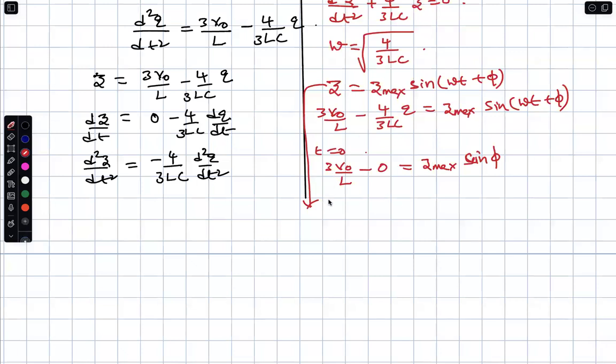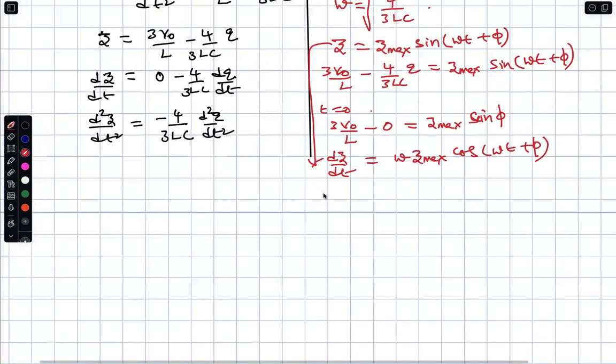I am going to differentiate this. dz by dt is omega z max cos(omega t plus phi). But I know dz by dt is nothing but minus 4 by 3LC dq by dt, which equals omega z max cos(omega t plus phi).